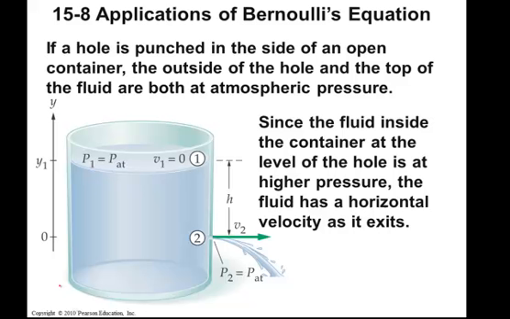And we can see here we have a side of our container, and we have a hole in that container. Both the top and here are exposed to atmospheric pressure. So in this case, since I have a greater depth here, it's going to have a larger velocity when it exits.